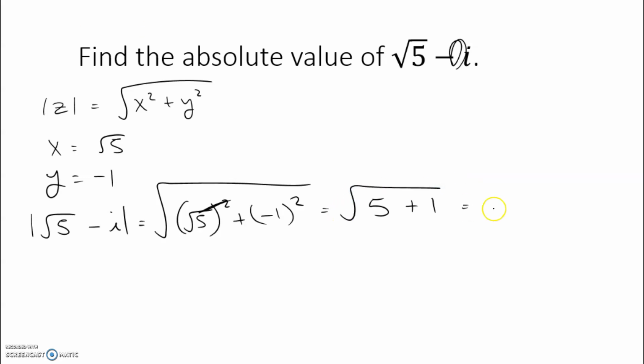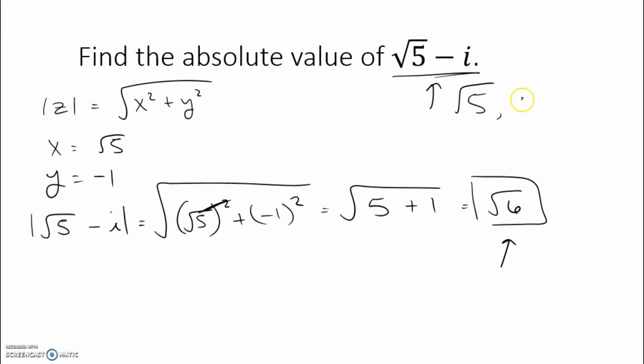Okay, so that would be the square root of 6. So that's the modulus or the absolute value of this particular complex number. Now this represents the distance from the origin to this point right here. And this point can be described as the square root of 5, comma, negative 1.